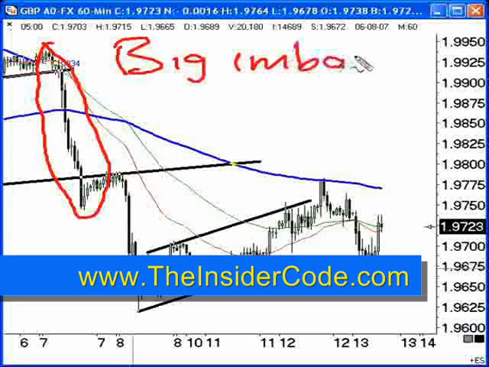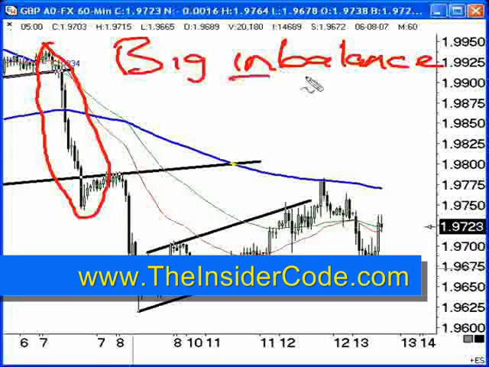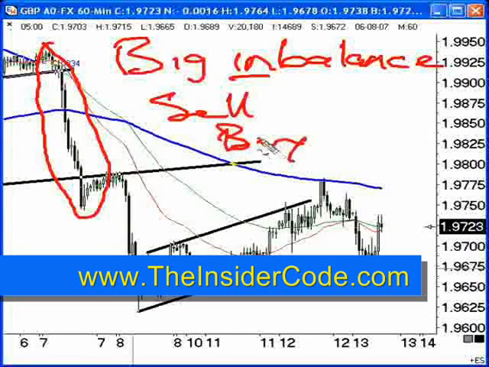What do I mean by imbalance? Well, if the market is imbalanced, it simply means that there are more sell orders than there are buy orders.